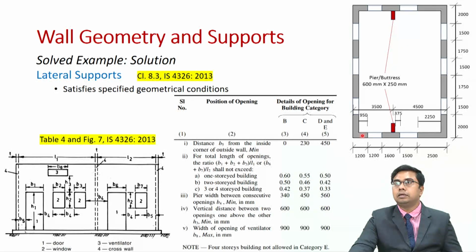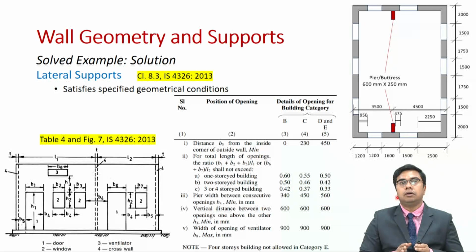I can tell the same for the northern wall because I have also provided the pier or buttress there, but I cannot say that for these two walls. I have not checked for them. So maybe as an exercise you can check for these two walls as well.